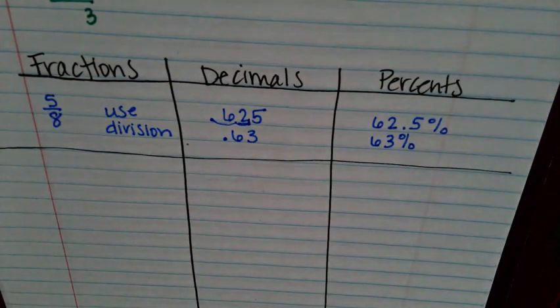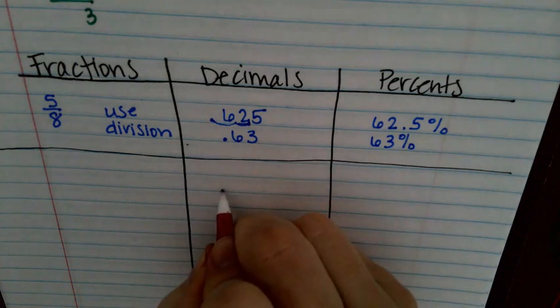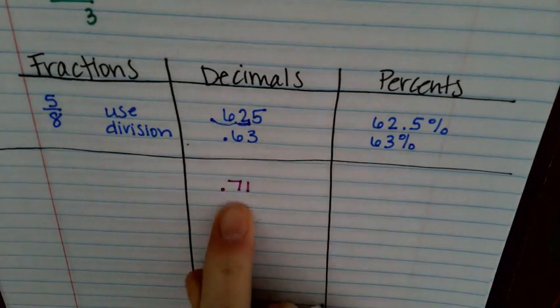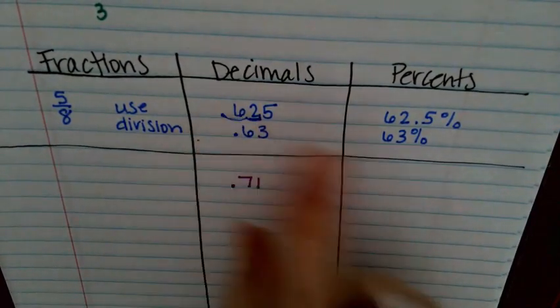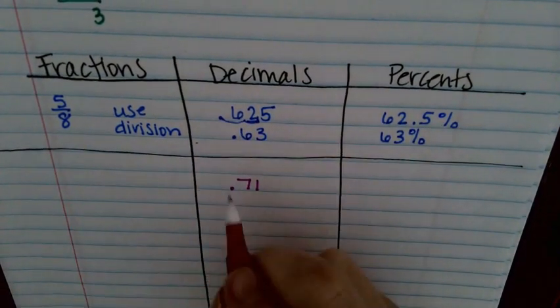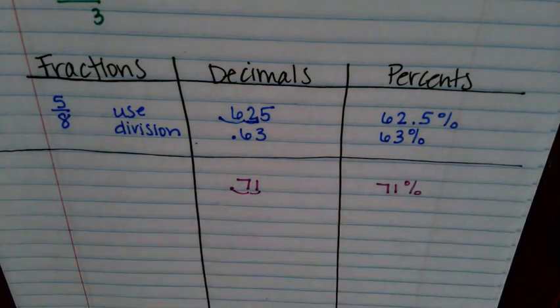Right, let's take a look at another number. What if I started with a decimal and I said this number here? Okay? In order to go back and forth, we know that we can go from a decimal to a percent by moving the decimal 2 places to the right. So it would be 71%. Okay?